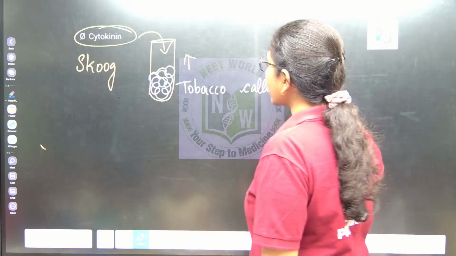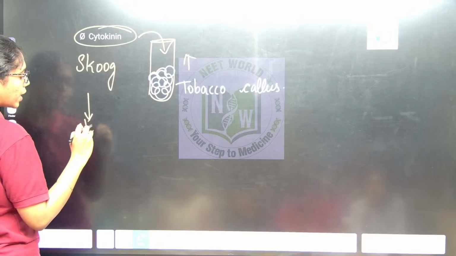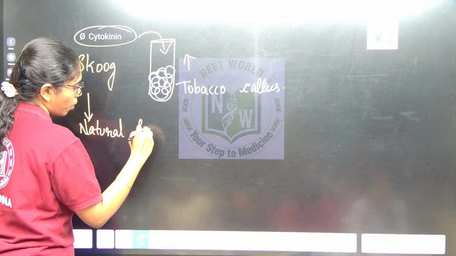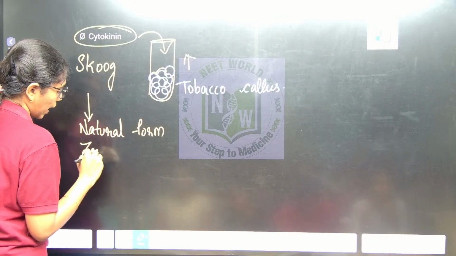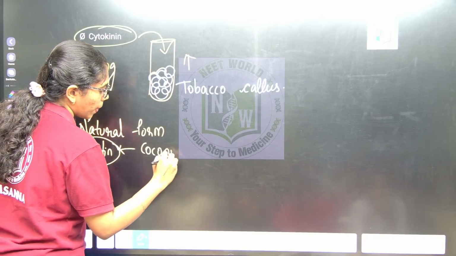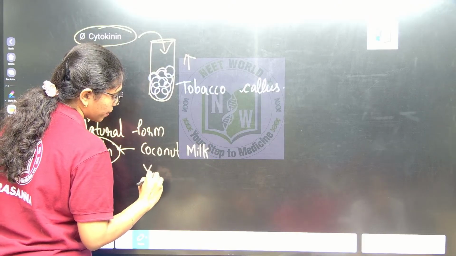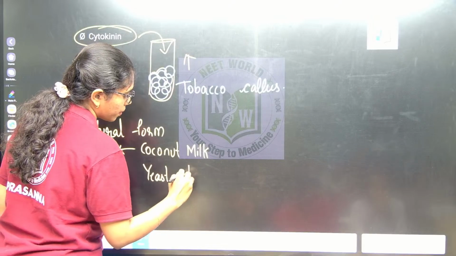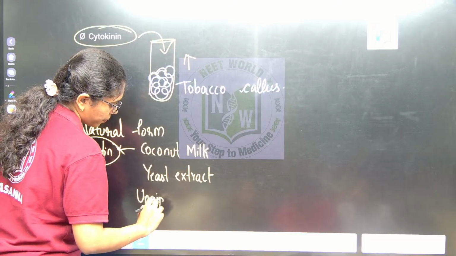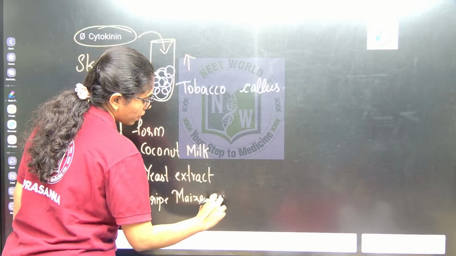So, here comes what are the natural forms of cytokinins. The natural form of cytokinin is zeatin, which is extracted from coconut milk, yeast extract, unripe maize grains, and kernels.